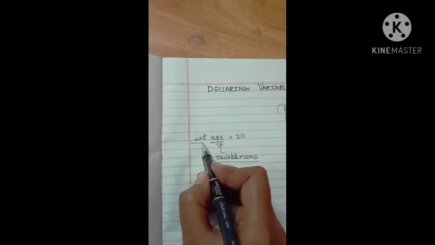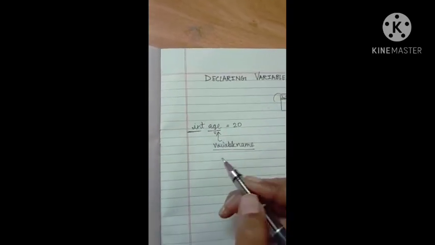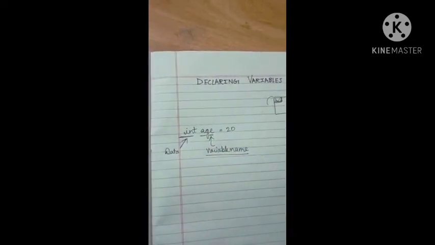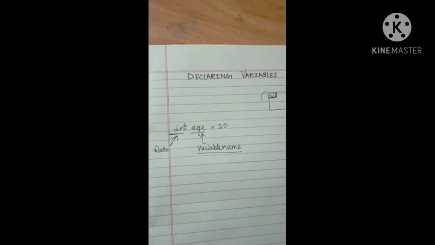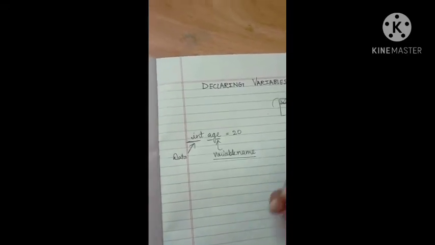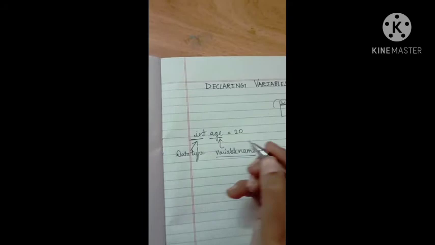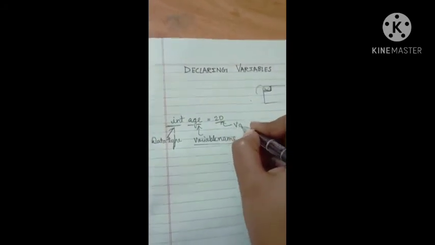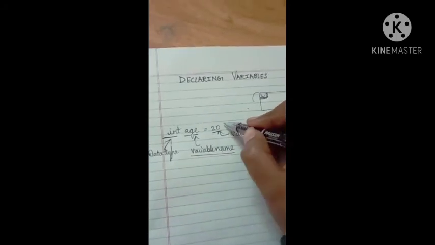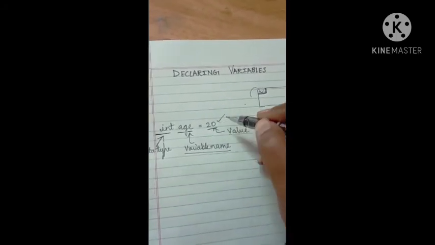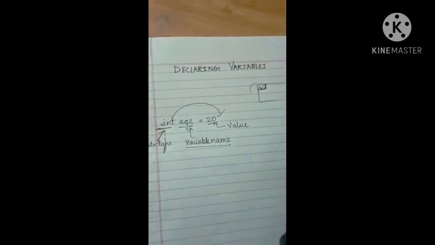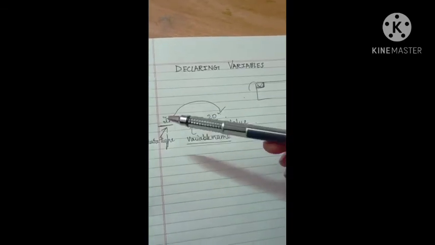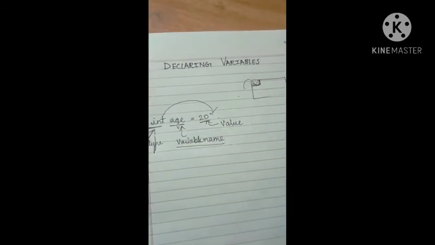And what is this int? This int is a data type, which tells the type of the data we are giving to the memory location.